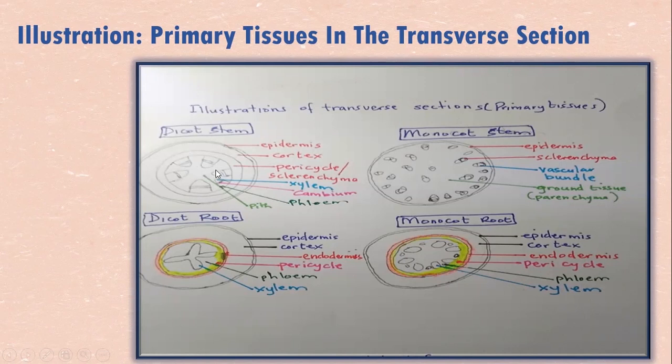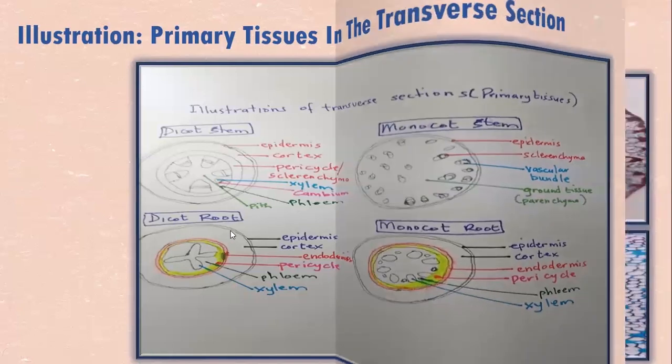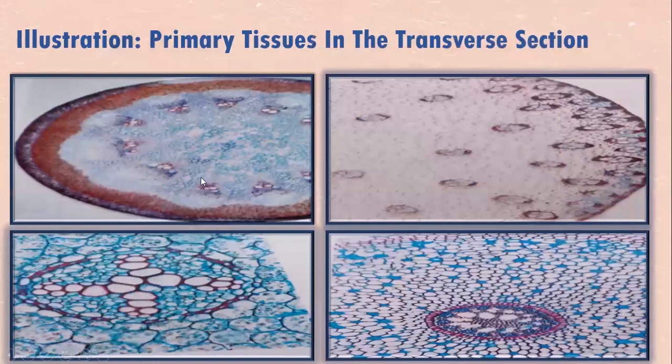We'll look at them. Good. So this has been produced so that you can see the various tissues easily. When you see them, you should know I'm dealing with dicot stems, dicot roots, young roots, monocot roots, young roots. Good. So we want to look at the details of the various tissues.